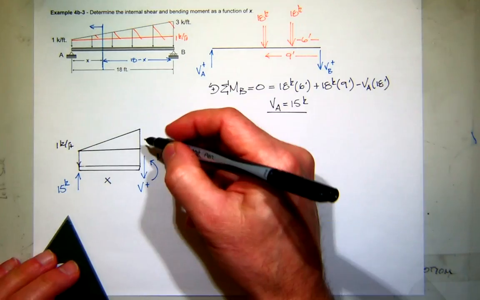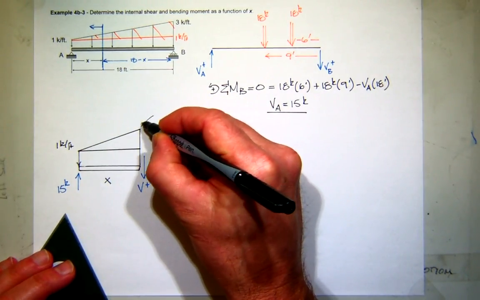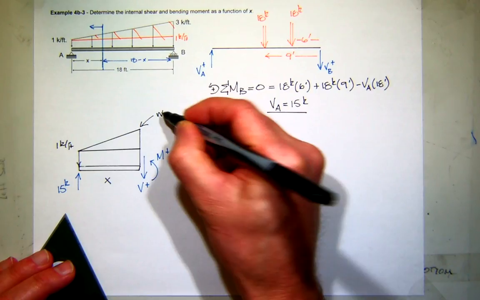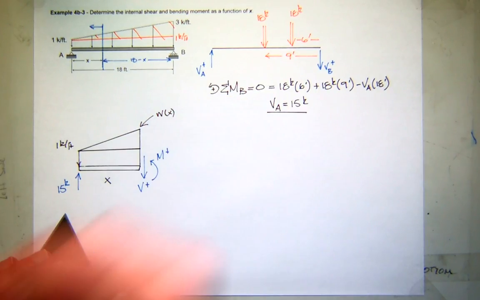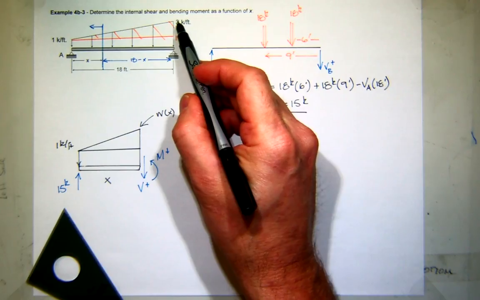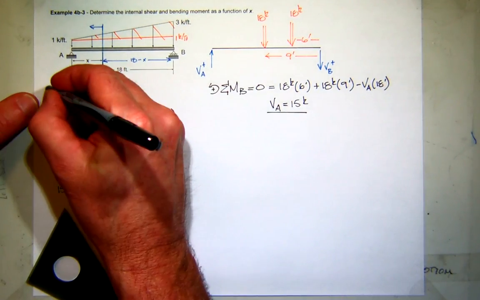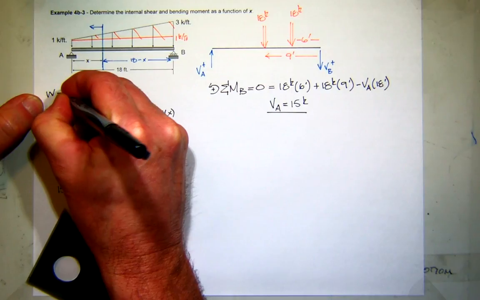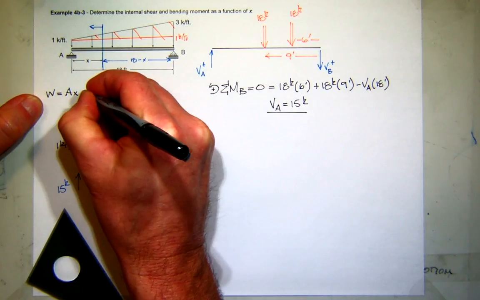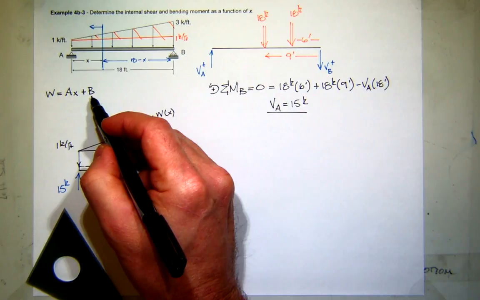Now first, what's going to be the intensity of the load at this point right here? I'll call it W, and it's going to be a function of x. Can I write an equation for that line right there? Well, remember, a straight line, it's the old form. In our case, it will be W is equal to Ax plus B. A is the slope, B is the intercept.